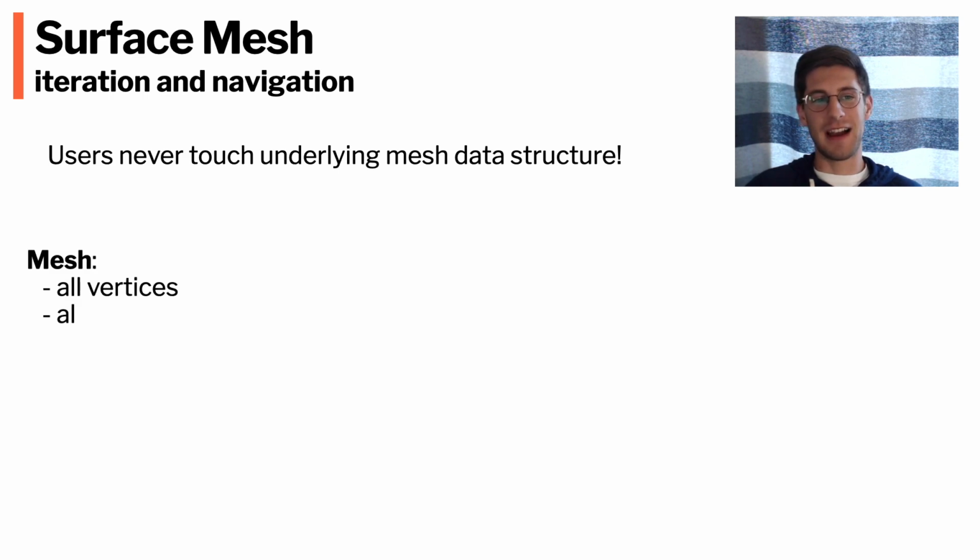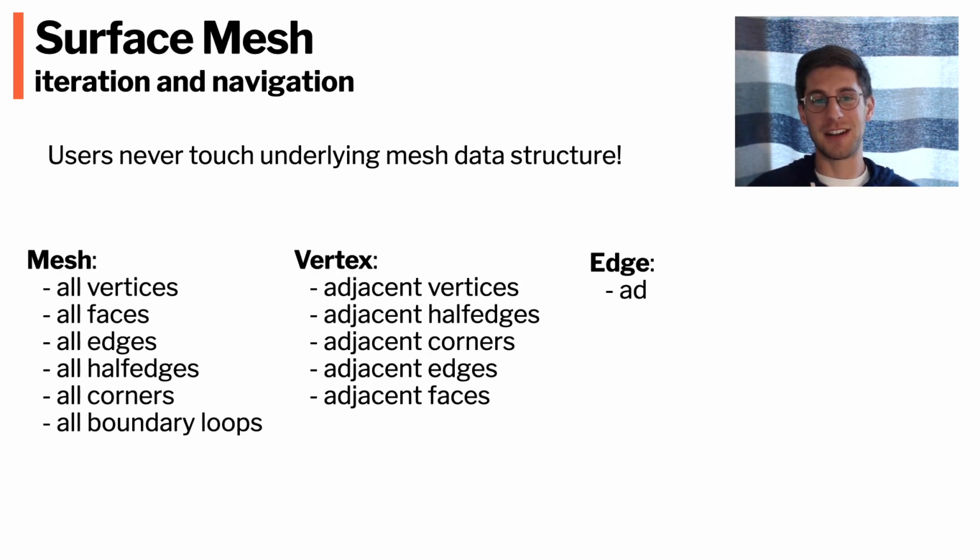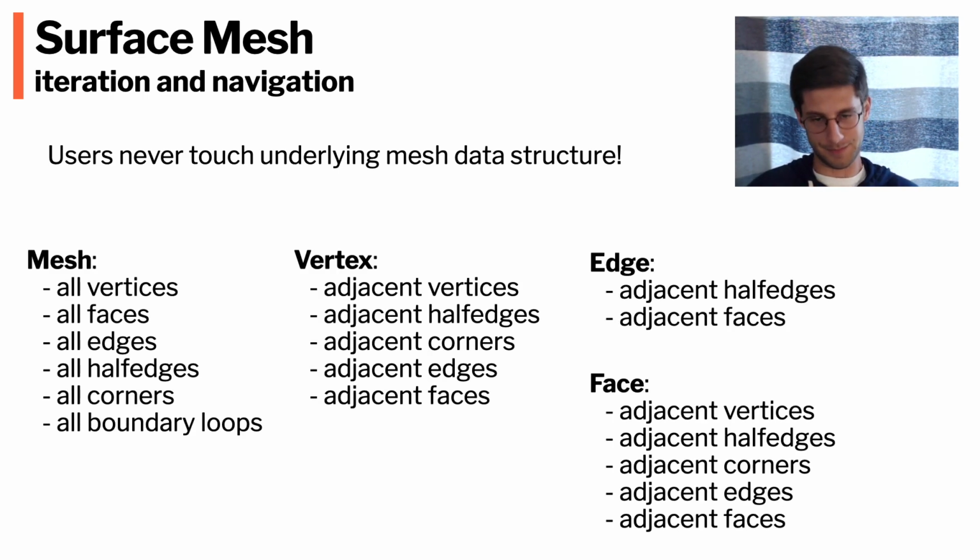So as I've mentioned a few times, we really believe that the user should never touch this underlying mesh data structure. And to support that, we've implemented all kinds of adjacency and iteration operations you might want. So this list is pretty extensive, but you can do things like for a mesh, iterate over all its vertices, its edges, its corners, and so on and so forth. For a vertex, iterate around the adjacent edges or the adjacent corners. For a face, iterate over all the adjacent half edges or faces, and so on and so forth.